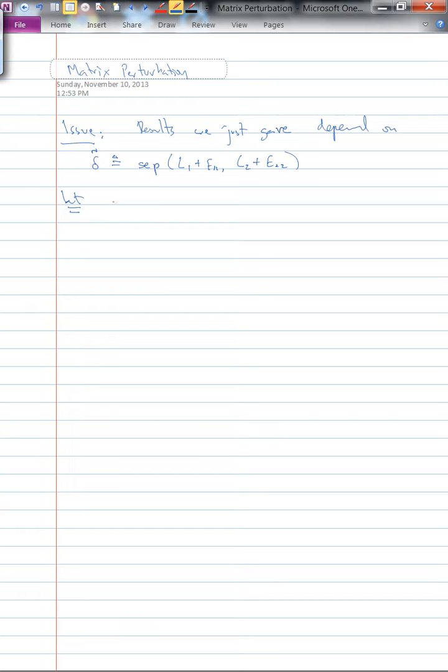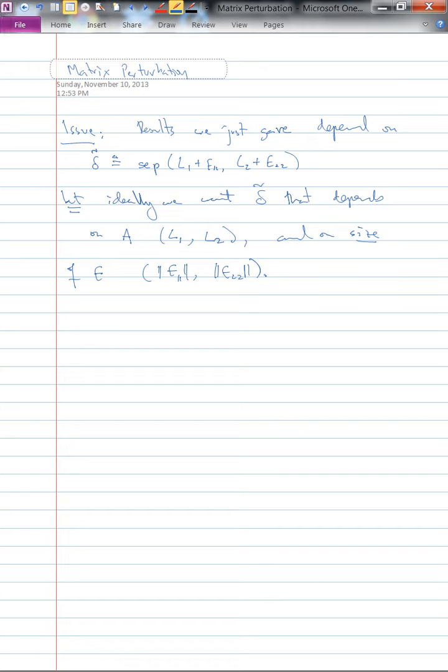But ideally we want some quantity delta tilde that depends on A. In other words, it's allowed to depend specifically on L1 and L2, and on the size of E, something like the magnitude of E11 and the magnitude of E22. So this is really the only missing piece to having a usable theorem. And it turns out that we have that.